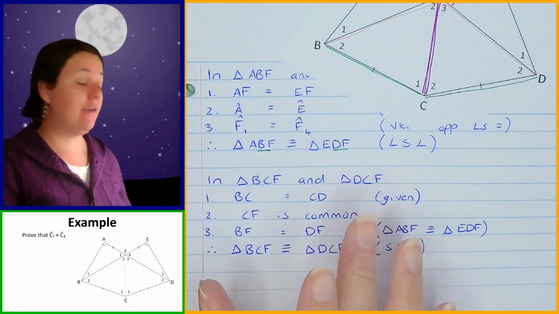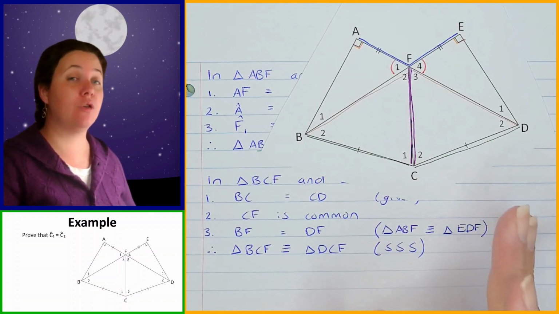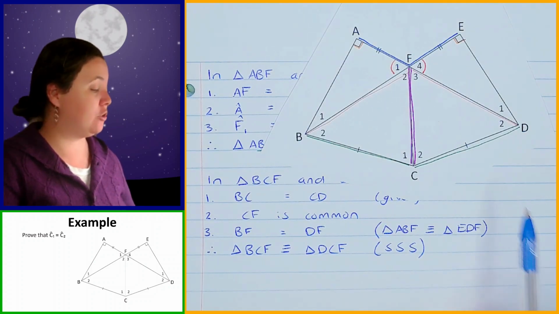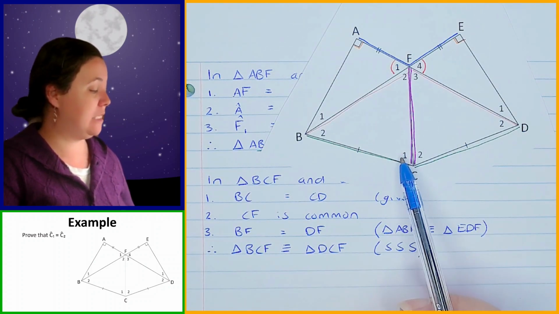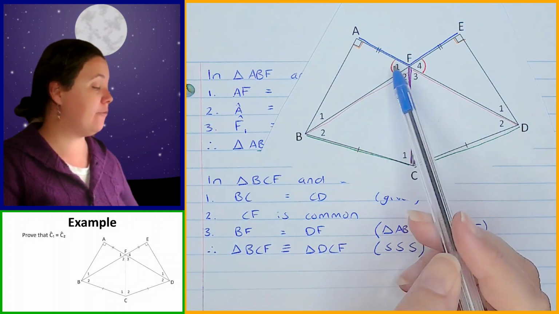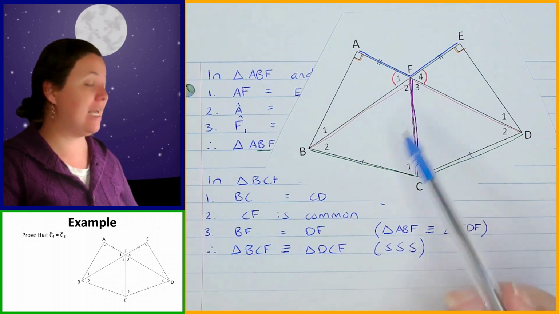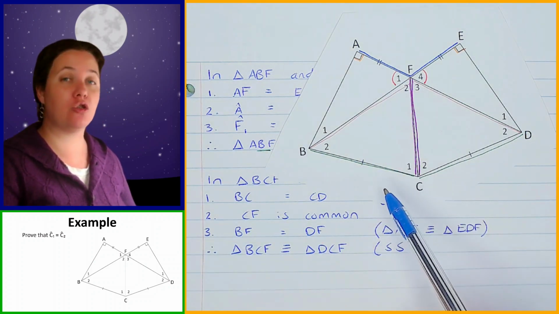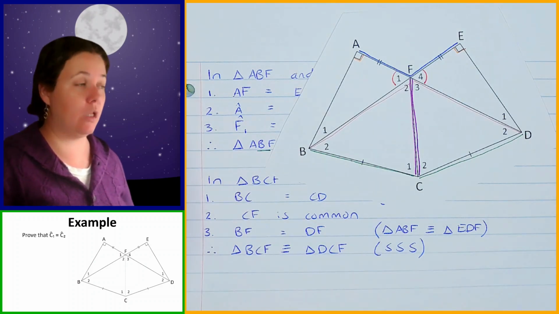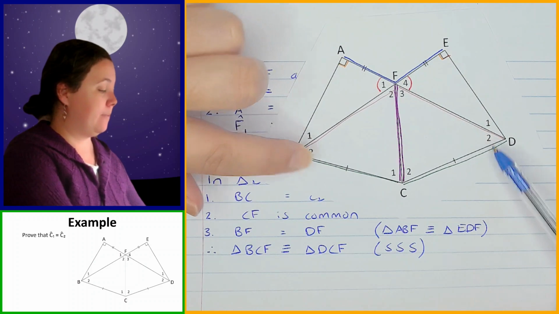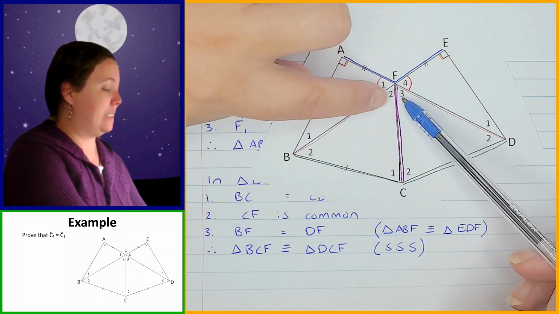Okay, now that I've done that, I'm not done because I haven't actually done what they told me to do. What they told me to do is to prove that angle C1 is equal to angle C2. Now, because I've proved that these two triangles are congruent, I can now conclude that the matching things in those triangles that we haven't already said are equal as well. So that means that these two angles will be equal, these two angles will be equal, and these two angles will be equal.